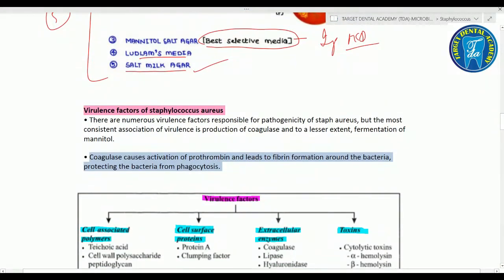Now coming on to the virulence factors of Staphylococcus aureus. There are numerous virulence factors responsible for the pathogenicity of Staphylococcus aureus, but the most consistent association is the production of coagulase and, to a lesser extent, the fermentation of mannitol.